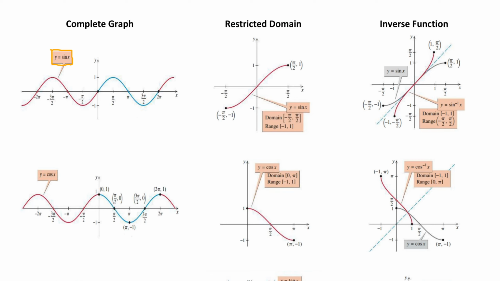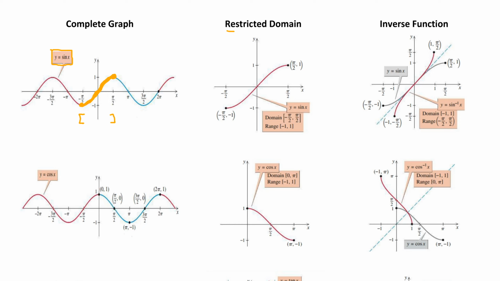Well, we're simply going to shrink the domain of sine of x down from negative infinity to infinity down to a smaller interval on which sine achieves all of its possible range values, yet the graph is one-to-one. So if you'll notice, this piece of the graph right here, sine achieves all of its possible values between -1 and 1, but it occurs on a subinterval of the domain.